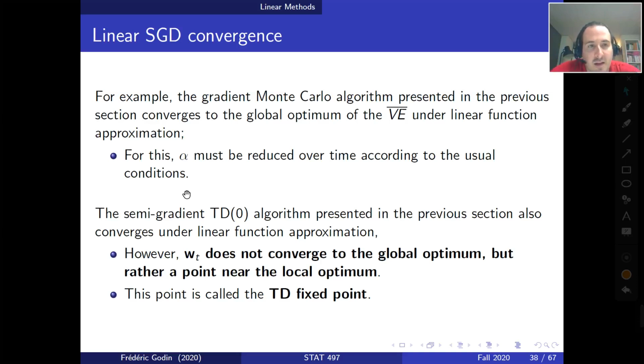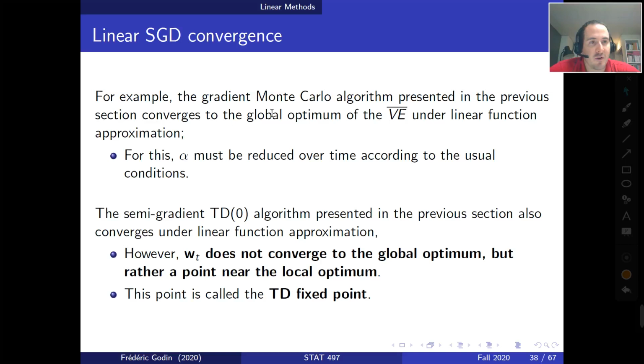Under that condition, it can be shown that the semi-gradient descent algorithm presented early in this chapter converges if we use the Monte Carlo target, which is the return of the entire episode. Again, I haven't checked the proofs myself, but I trust the textbook on this. So this is great.